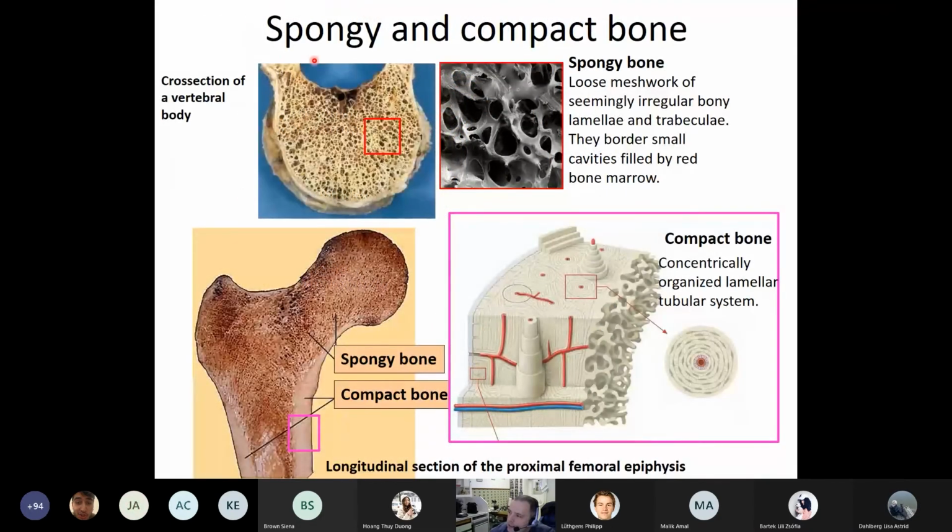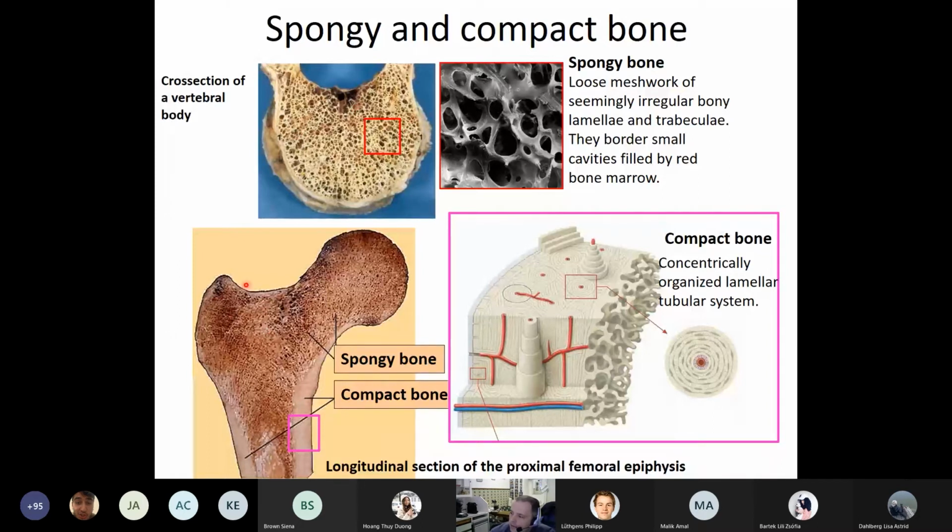So this is a slide about the compact bone and the spongy bone. Two examples you have here. On the top, we have the cross section of a vertebra, and in this vertebra you have a spongy bone.